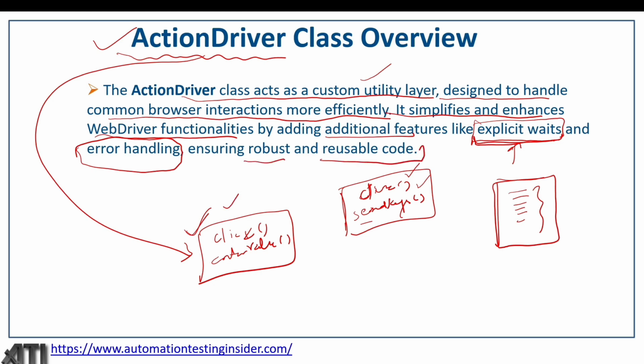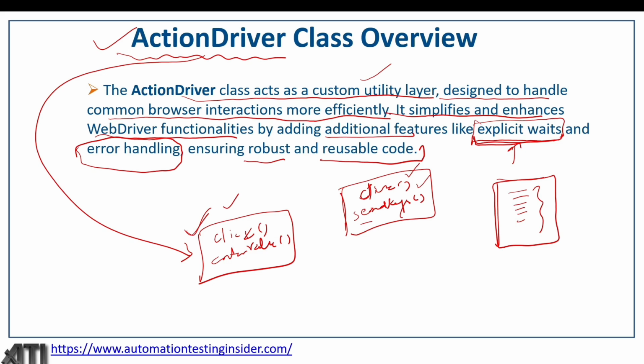So this is the definition, or I would say this is a brief about the ActionDriver class. You'll come to know when we practically see how we are going to create it. As part of today's video, I'll create different action related methods, and probably will add more methods going forward, right? For demo purposes, I'll add 6 to 7 methods in today's session.